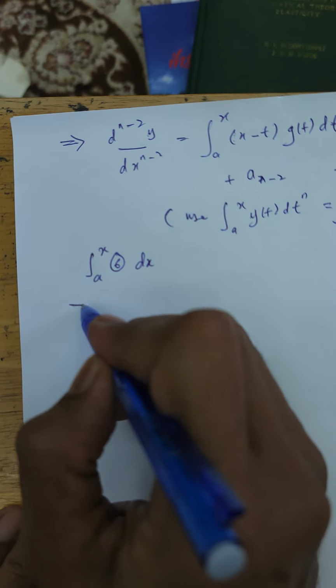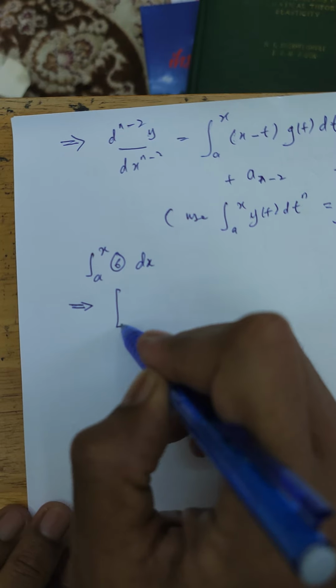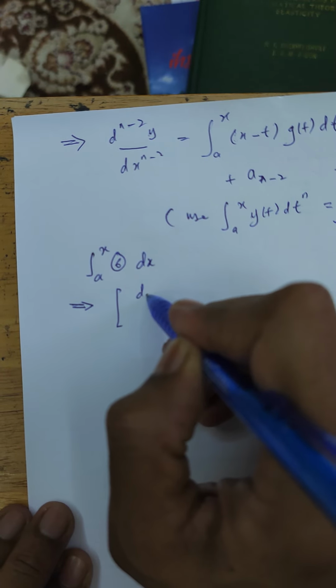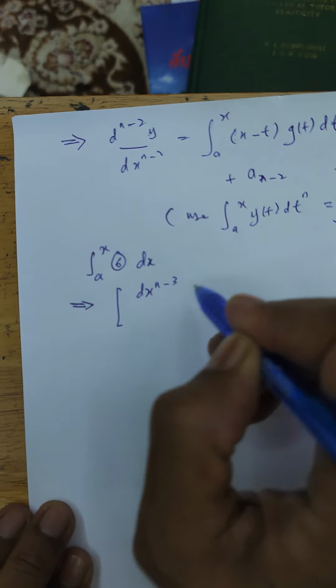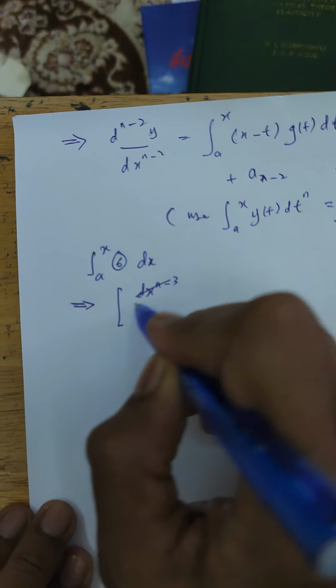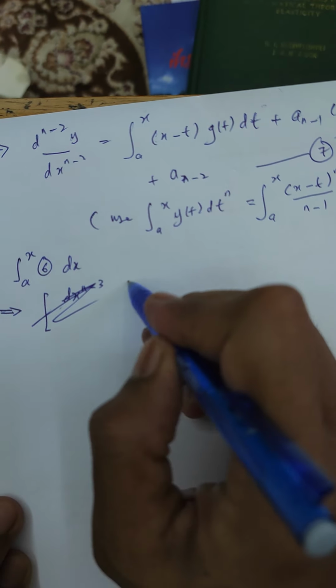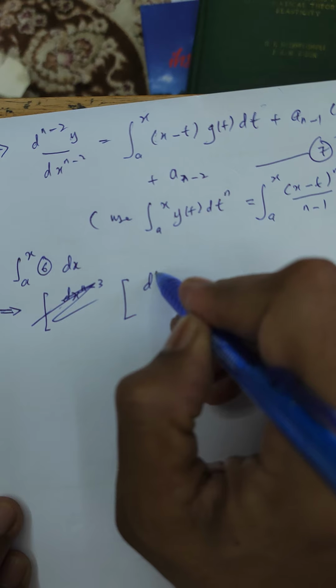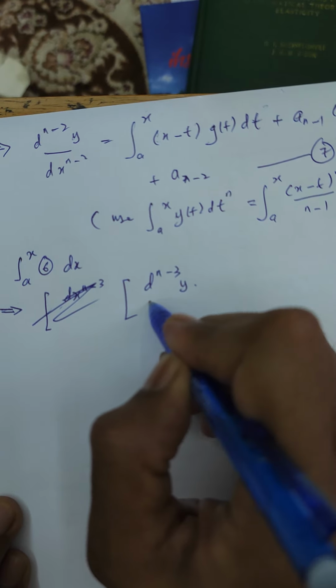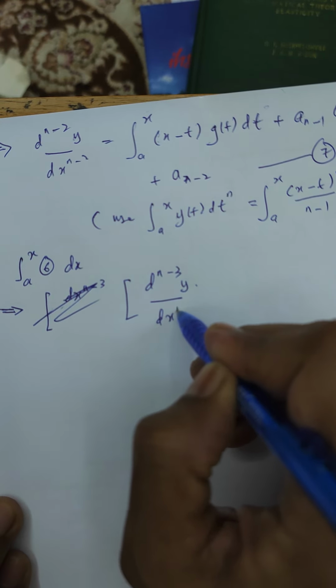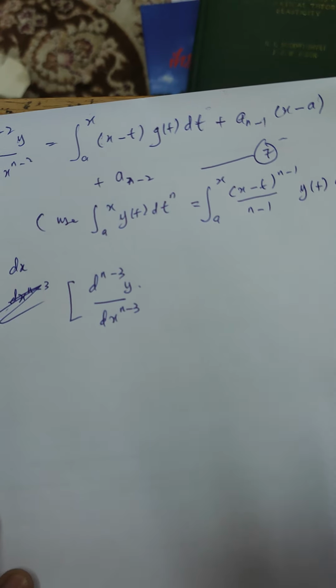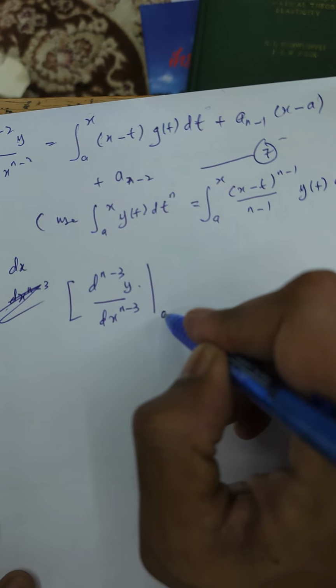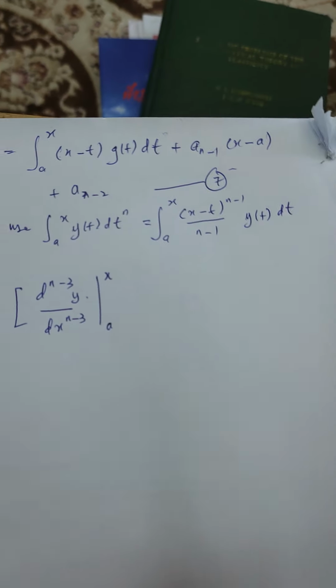So we have d^(n-3)y/dx^(n-3) from a to x. Okay.